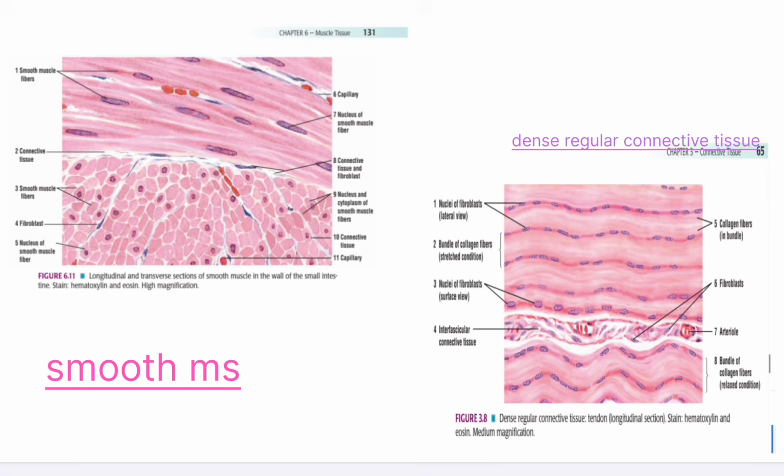They are clumped end to end, numerous in number, and present in the gaps between the collagen fibers. Whereas in smooth muscle, the gaps between the muscle fibers are empty. Rather, the nuclei are present within the muscle fiber. That's the difference. That's how you will identify.